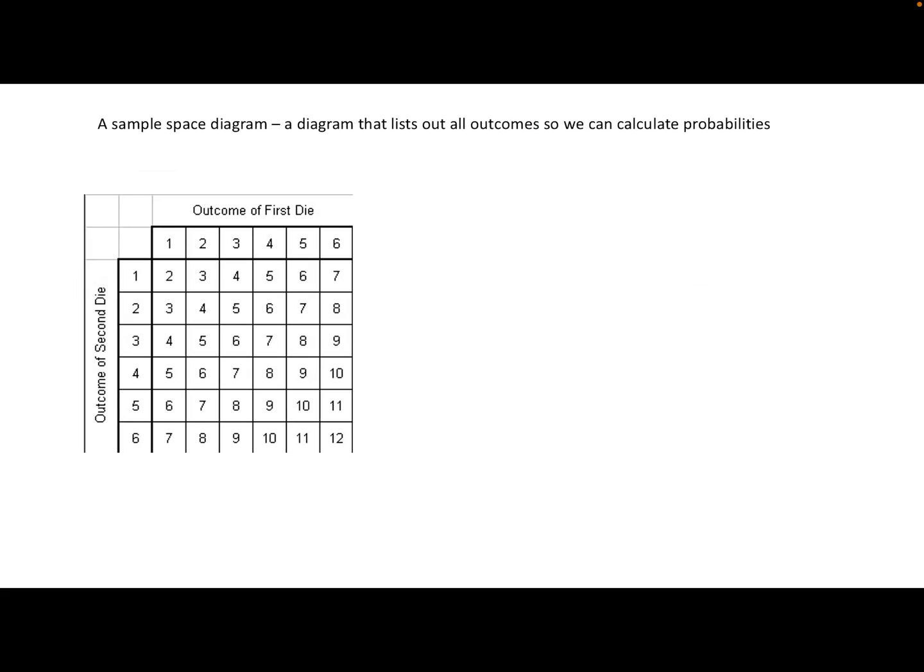So here is my sample space diagram. These are the outcomes from the first dice. These are the outcomes, the other way around, from the first and second dice.